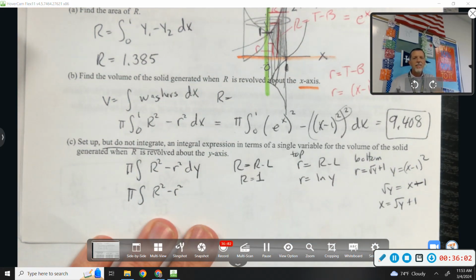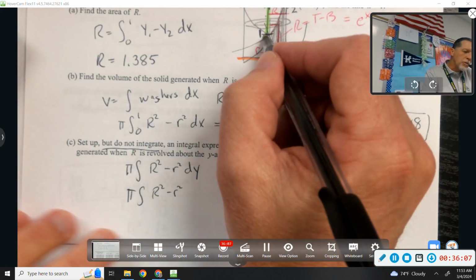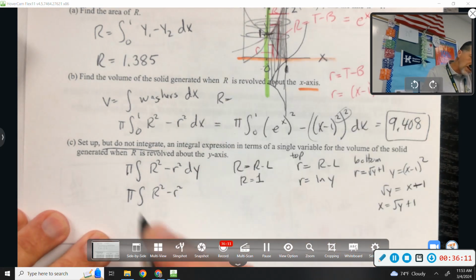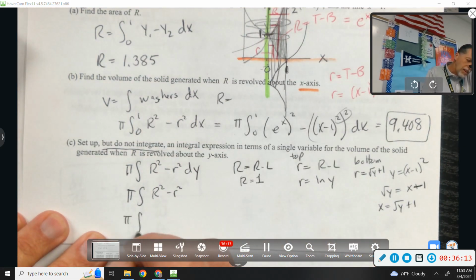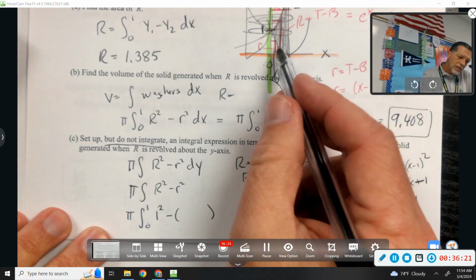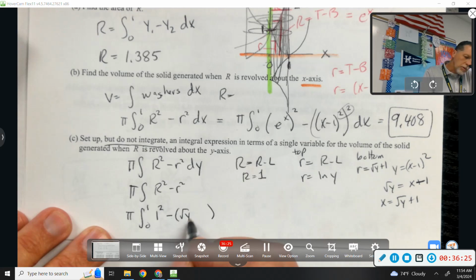So now I've got to integrate. I've got to split this into two pieces. From 0 to 1 is one set of things, and then from 1 to e, it's another set. So 0 to 1, big R is always 1. Little r on the bottom part is square root of y plus 1.